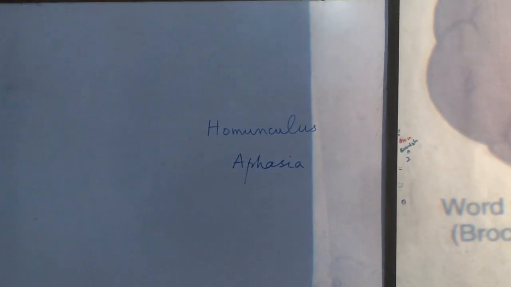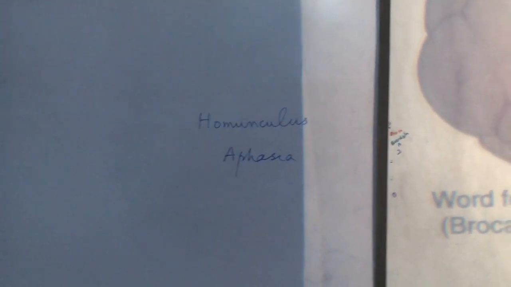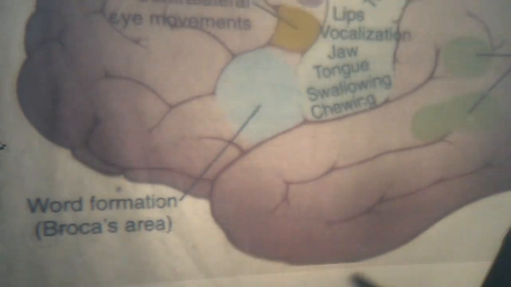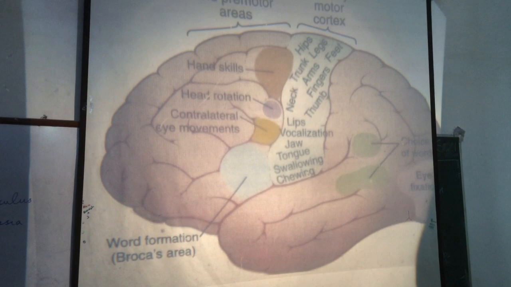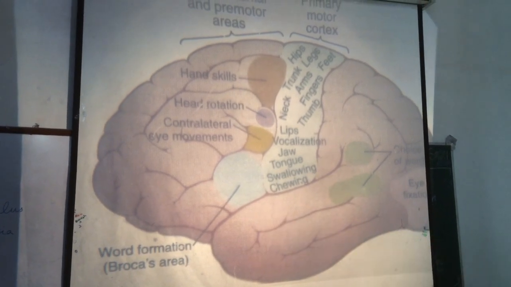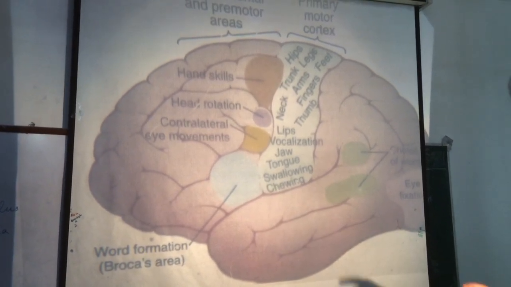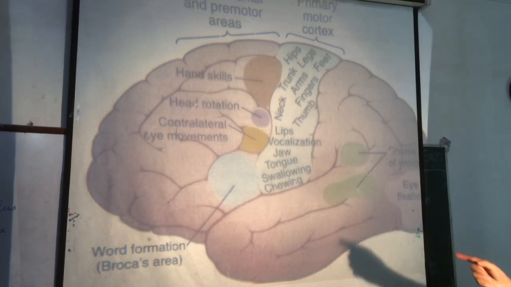Speech is slow and non-fluent. That's called non-fluent aphasia. The lesion is in Broca's area, the motor speech area.